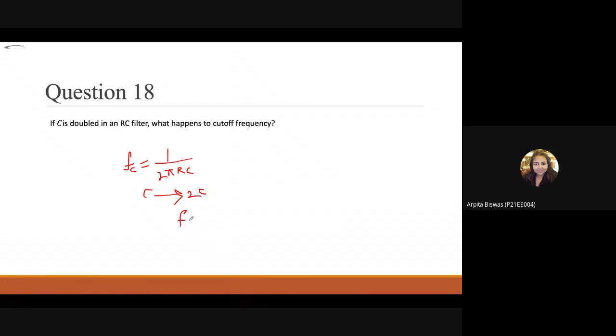This is the cutoff frequency. So this is 2C. So this portion is the FC by 2. The cutoff frequency is half.